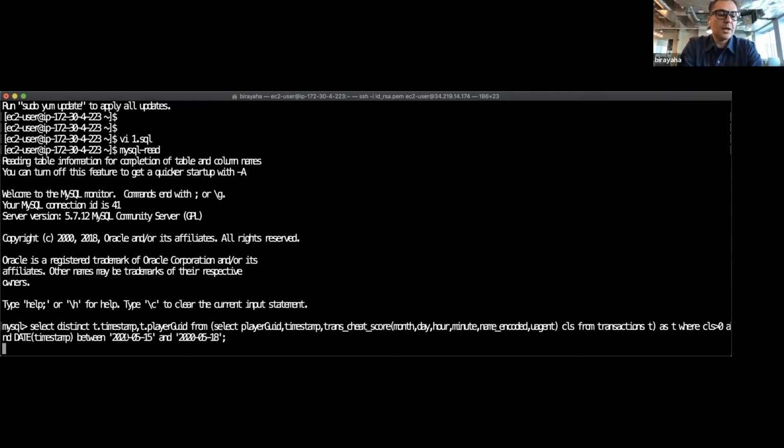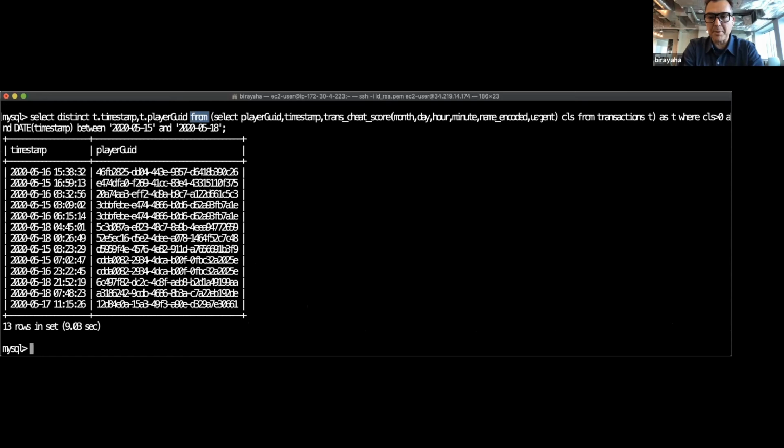As you can see, the syntax I'm using here basically queries the materialized view and filters only the suspicious ones.